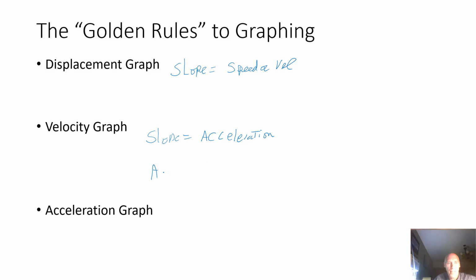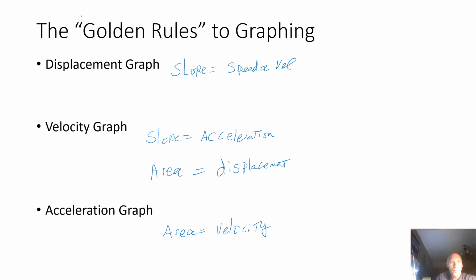And the area of that graph is going to be equal to your displacement, your distance covered. And finally, your acceleration graph, the area is going to be equal to the velocity.